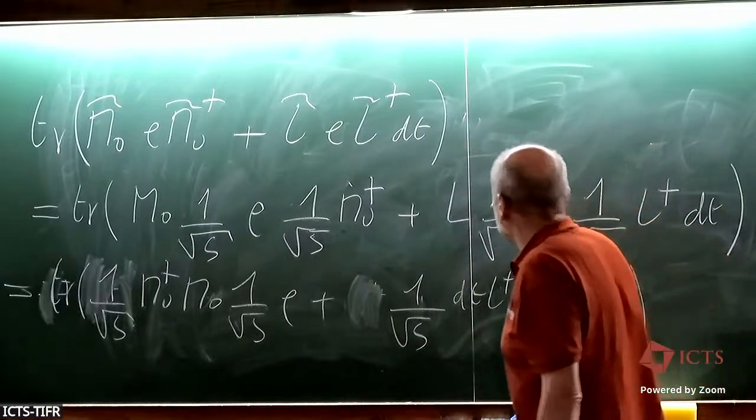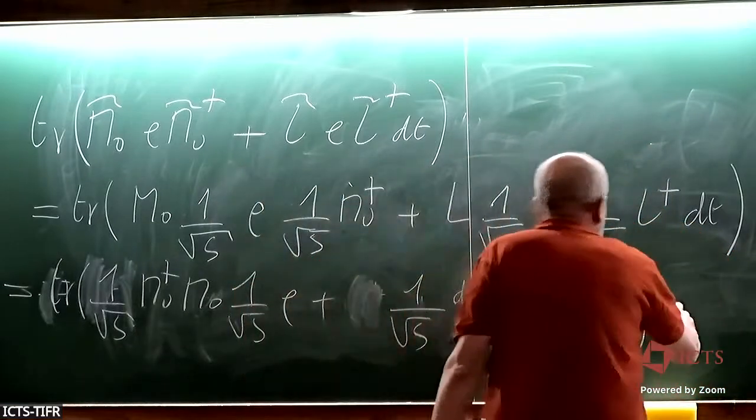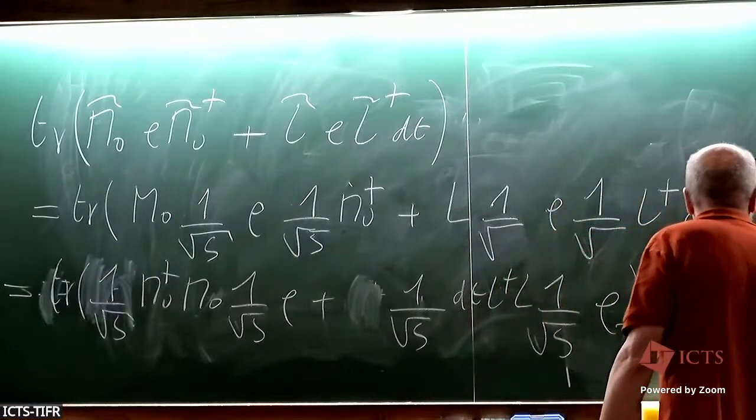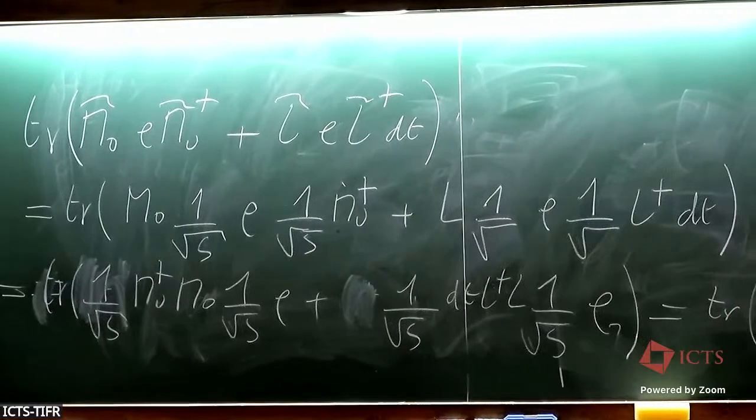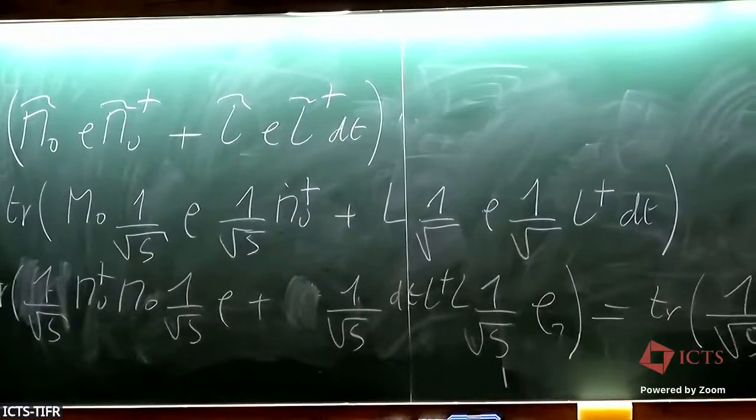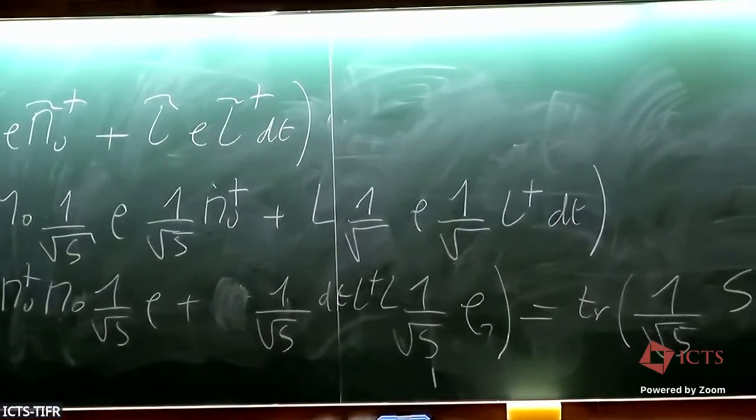And when I take the sum of this guy, it is equal to the trace of 1 over the square root of S, S, 1 over the square root of S, rho. So it is 1.